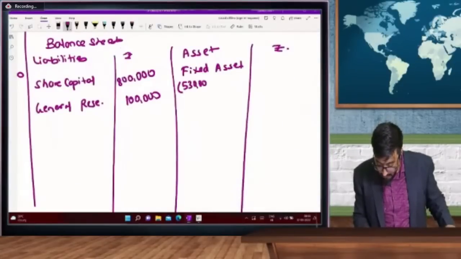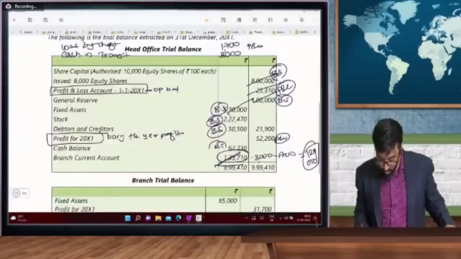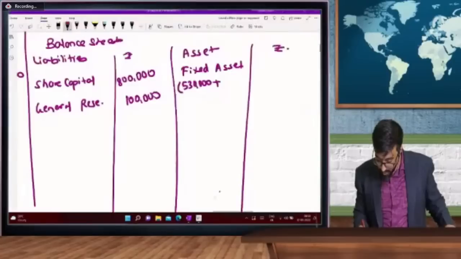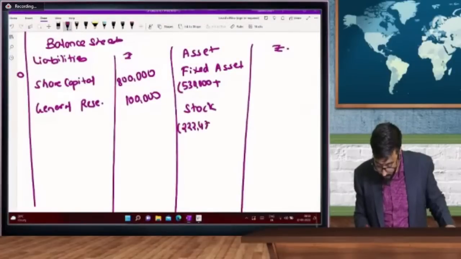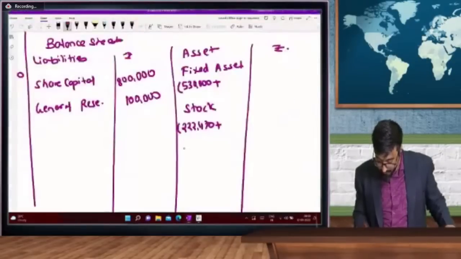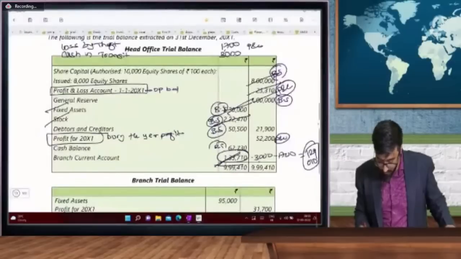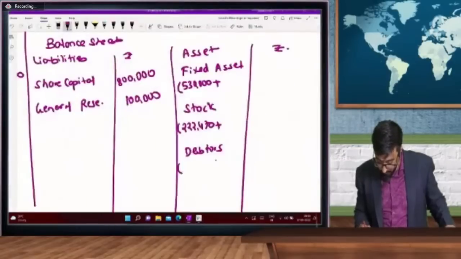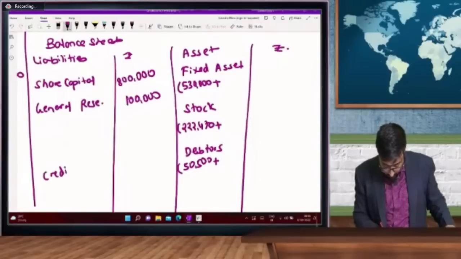Why? Because the branch fixed assets are also going to be added. Stock, inner column, 222,470. Debtors, 50,500. Creditors, 21,900.